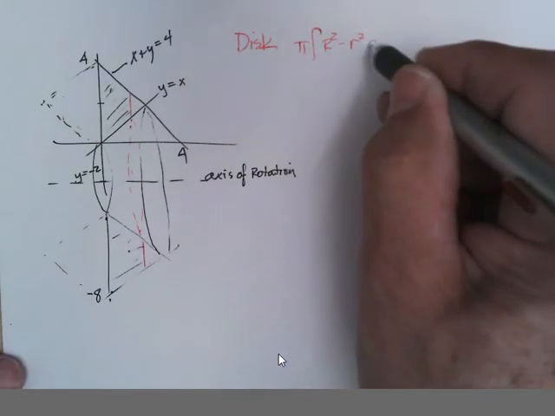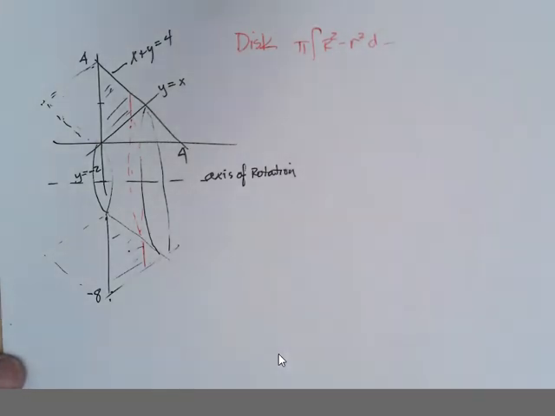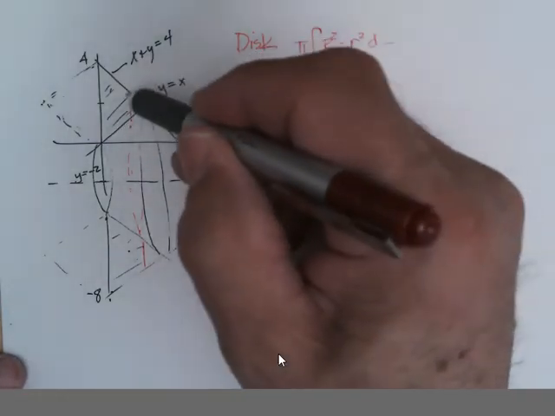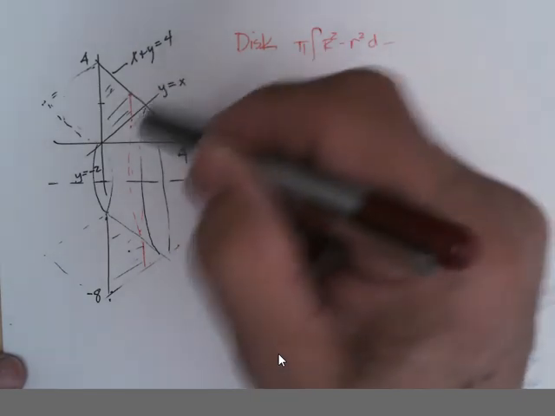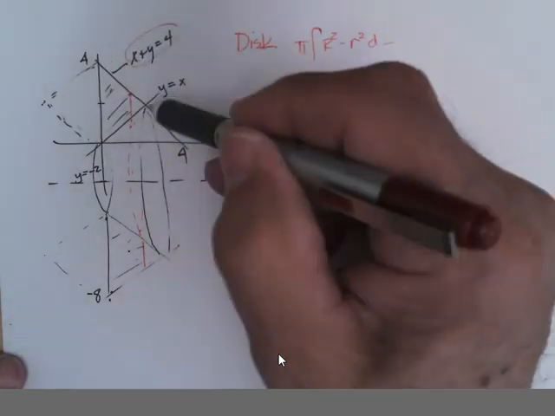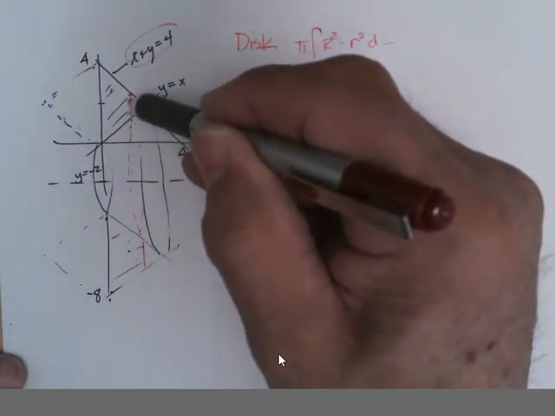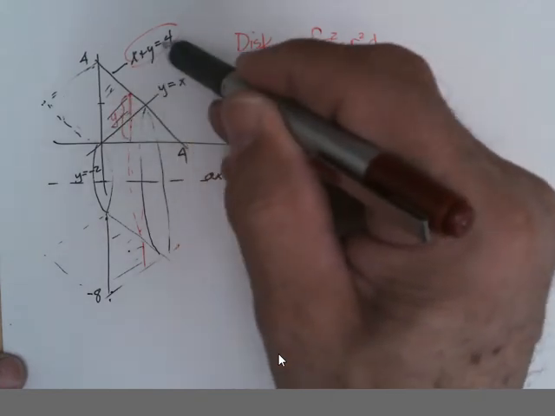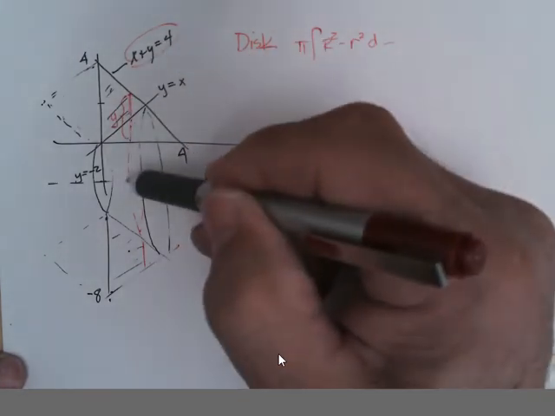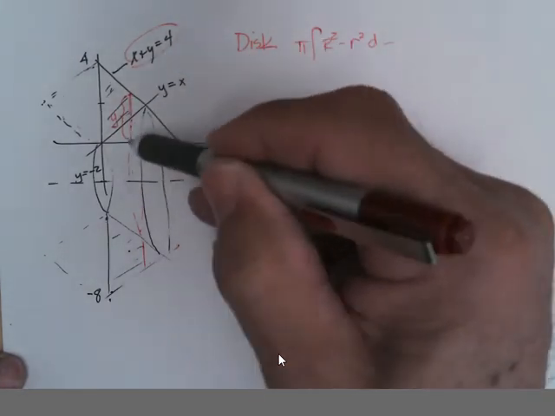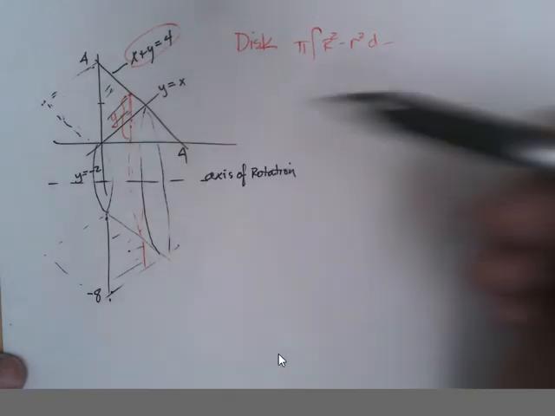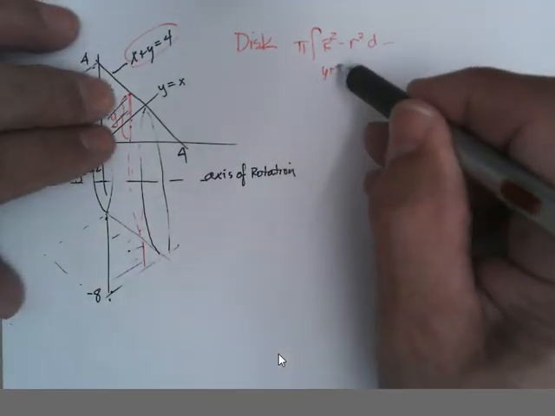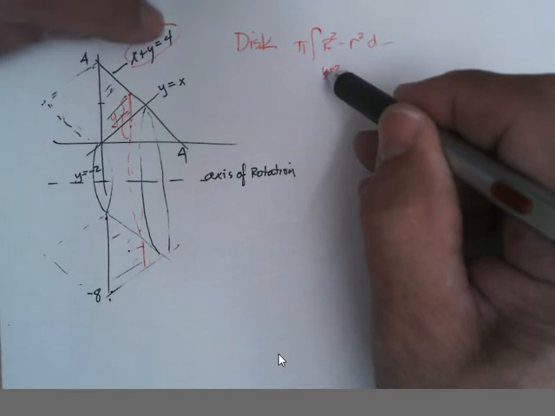squared, d something. Okay? So my large radius, well, this is a point on the curve, and it's up y. So this would be y from this equation, but the radius is going to be longer than that. So the large radius is going to be y plus 2, but this is the y from this equation.